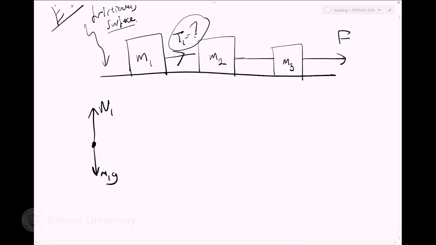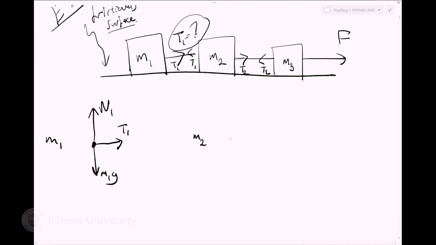And what else does it feel? It feels tension. Let me call this T1. And the tension in the second rope, T2.